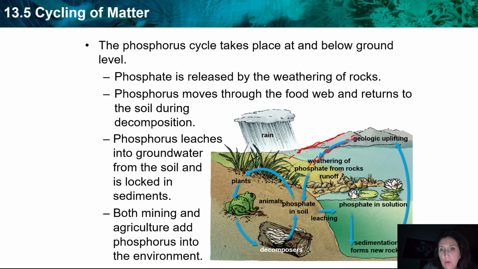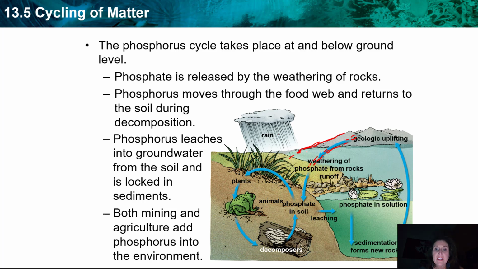So the rocks are weathered, and the phosphorus is going to leak into the water. It's going to be leaked into the soil, okay? And as the soil is decomposed by the water, it is going to release the phosphate.